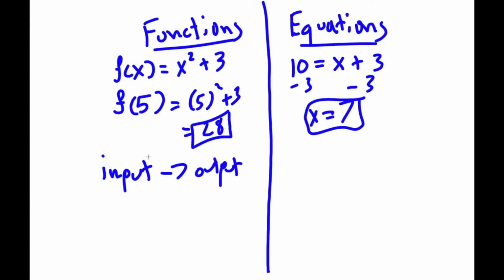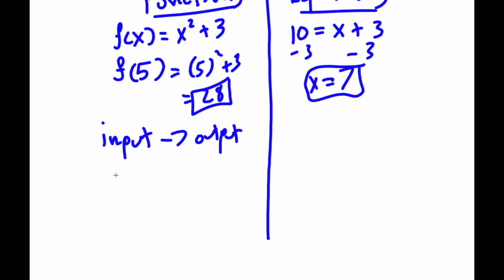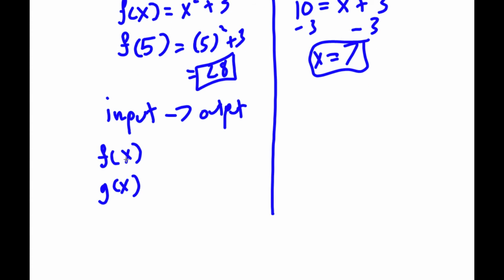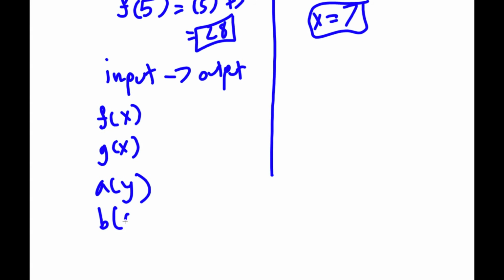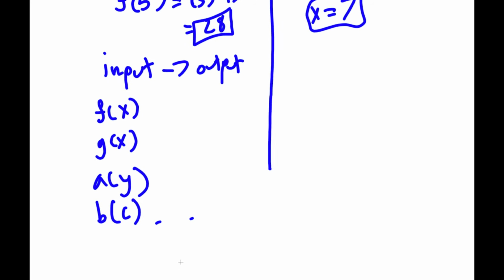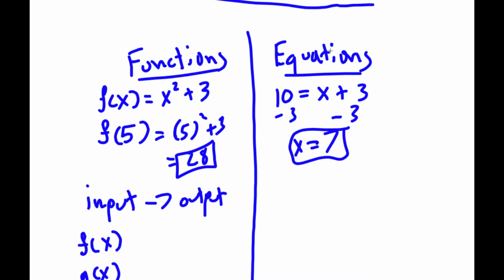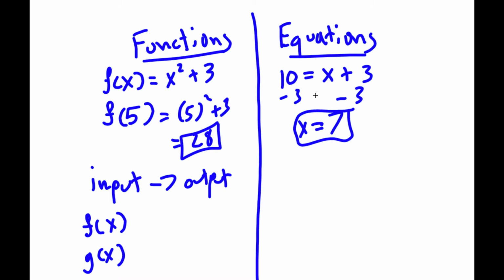Now, functions are usually described as f of x or g of x. And you can actually use any variable that you want. You could say, let's say, a of y. You could say b of c. And equations are the same thing.